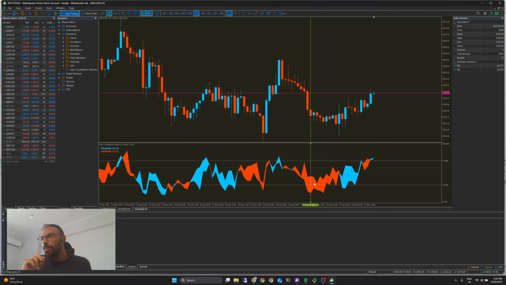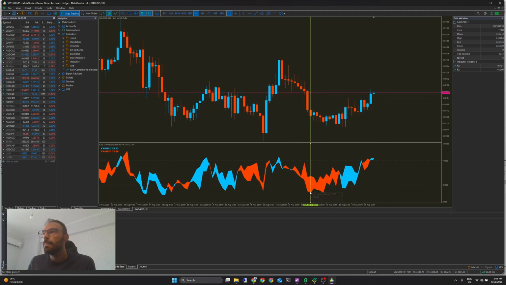Now let me explain what you can see on the chart, on the indicator, and more specifically about the colors. You see blue areas and red areas. Blue areas means that the chart that you have in front of you is the strongest, in this case gold. Now when you see red, it means that stronger is the other asset, the correlated asset, and in this case, silver.